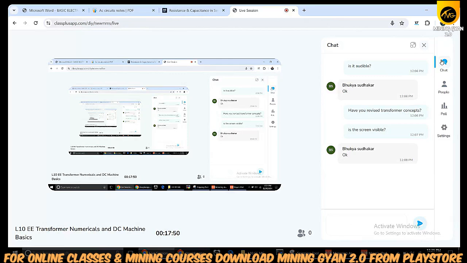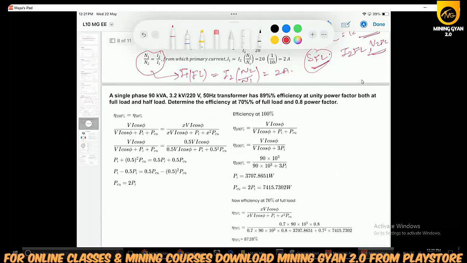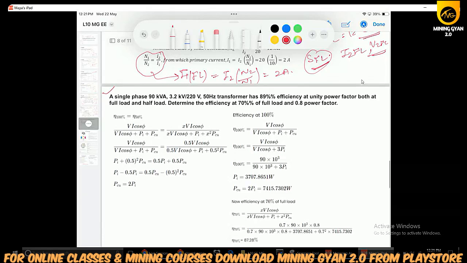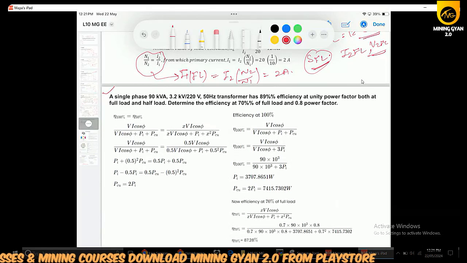Let me continue with the second example related to the efficiency of a transformer. In this question, a single phase 90 kVA, 3.2 kV by 220 volts, 50 hertz transformer is given.